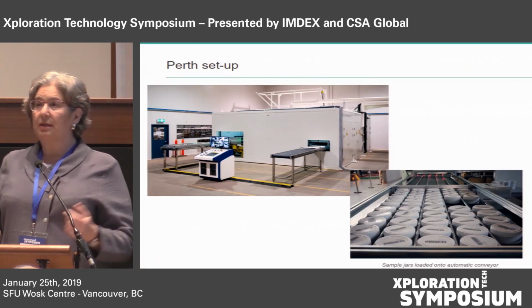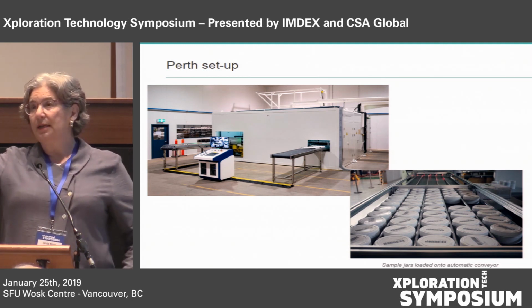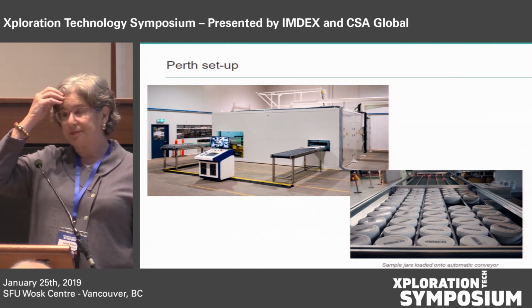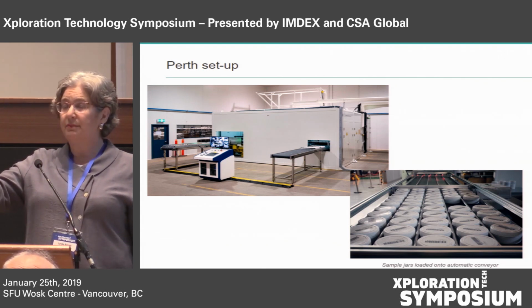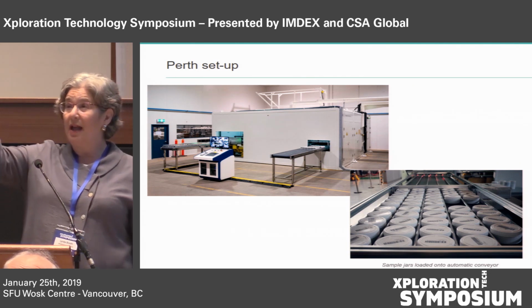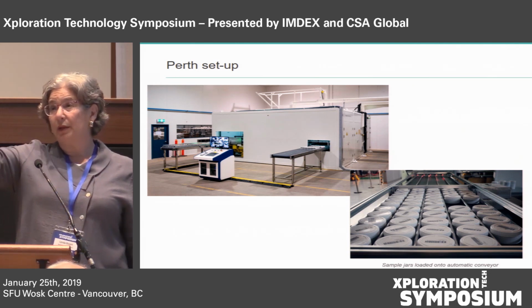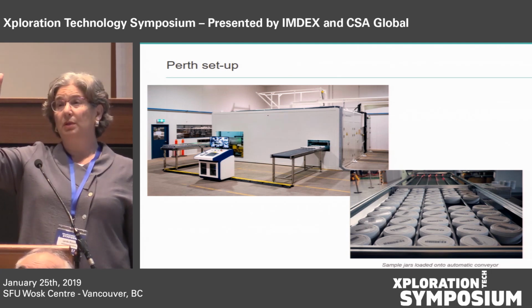This is what it looks like. So the jars are on the right-hand side. They go on a conveyor belt. And somehow, even though there's nominal sample preparation and sample weighing, apparently you can still mix up samples. It's just a thing. And so they go on this conveyor belt into this magic box. It is not portable.